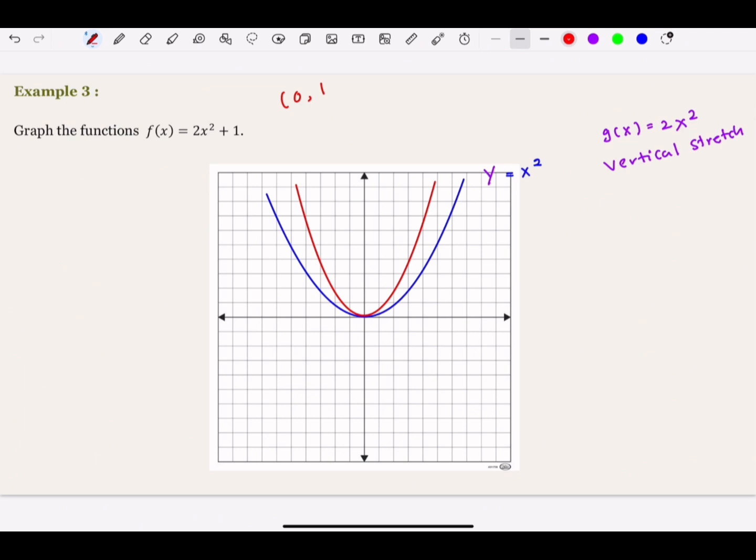So let's shift this graph upward by 1 unit. Let's say it's over here. This red line represents f of x. Remember, this is a parabola that is much narrower, opens upward, and is shifted 1 unit up from the origin.